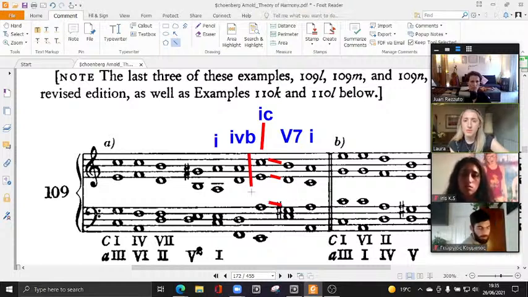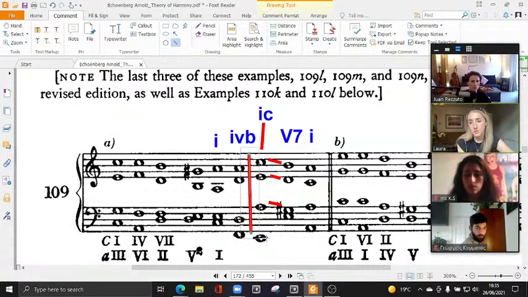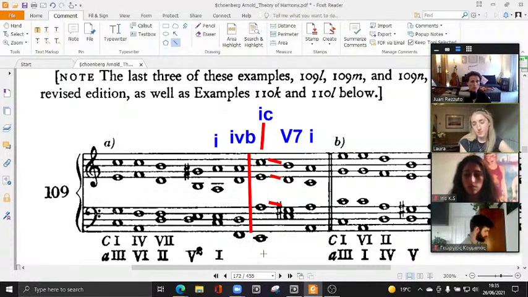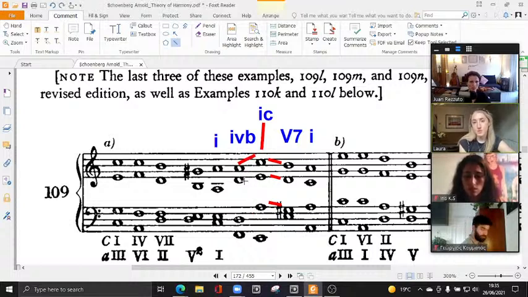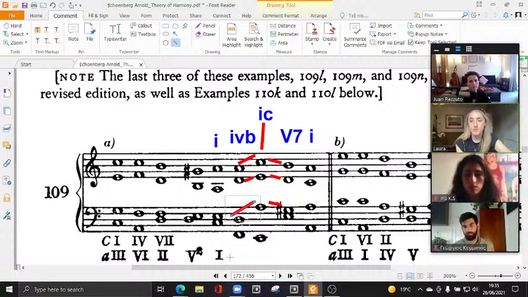So let's imagine that you have a bar here. This chord is always on the first beat, so it's always taken by leap upward, on a strong metric position, and resolves one tone, stepwise, downward.